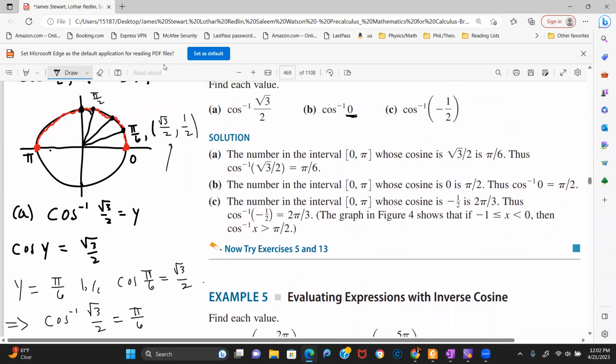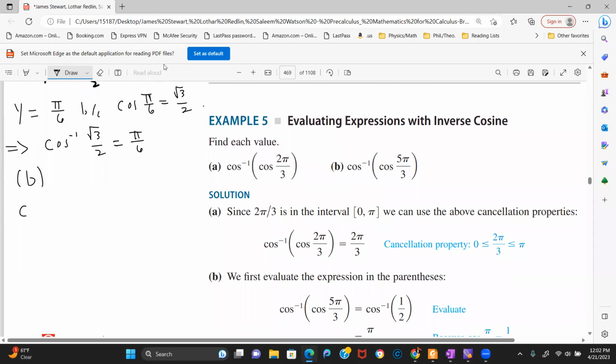This is pi over 2, and the corresponding point is 0, 1. So we can see that cosine inverse of 0 is going to be pi over 2. And that's because when you take cosine of pi over 2, you get 0. So notice the connections between them. We're swapping things around essentially.